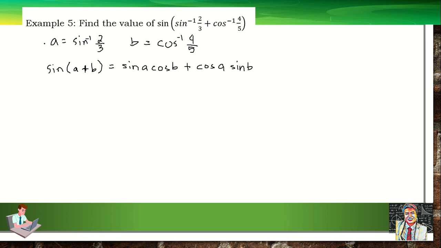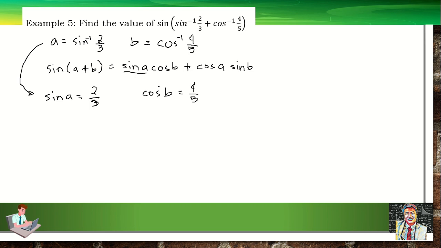However, since ipe-perform ko yung operation niyan, ang magiging result niyan, sin A is equal to 2/3. So, transpose ko siya dun sa kabila. Yung isa naman, pag pinerform natin yung operation dun, cosine B is equal to 4/5. Which is, meron akong value for sin A. Okay, makukuha ko to.